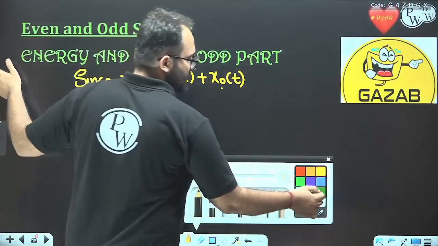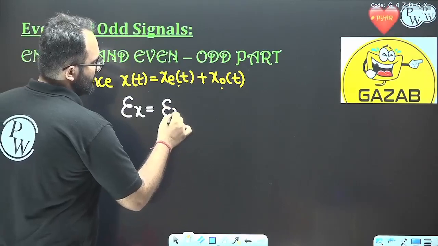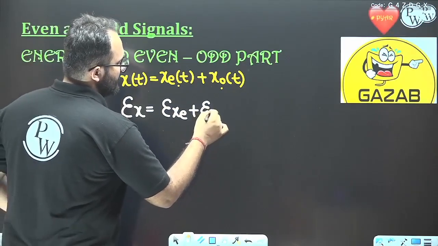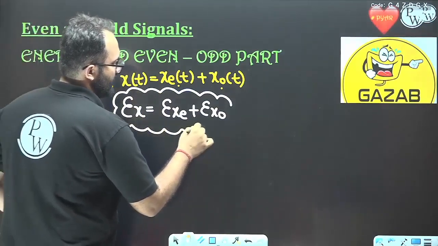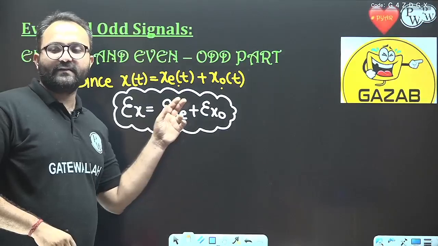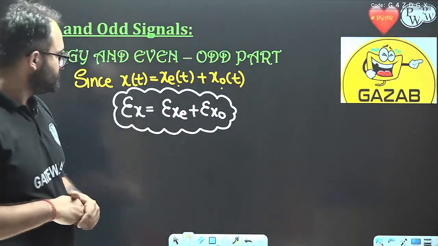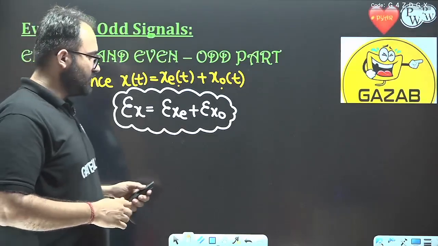Okay, so we can say that energy of the signal x is equals to energy of the even part plus energy of the odd part. Okay. Great. So this was the formula that actually I wanted to tell you.